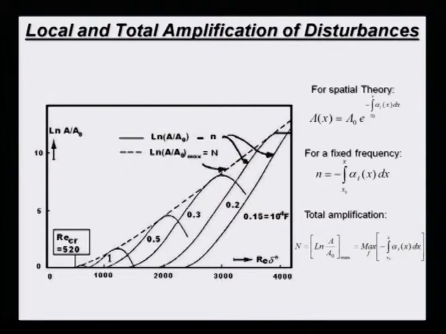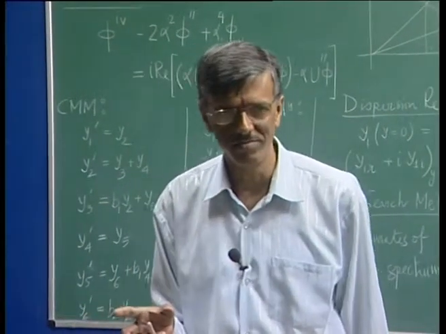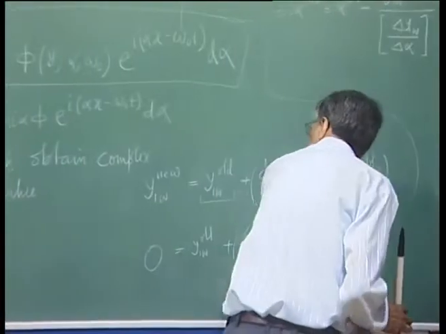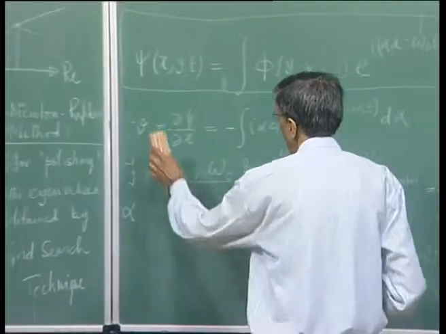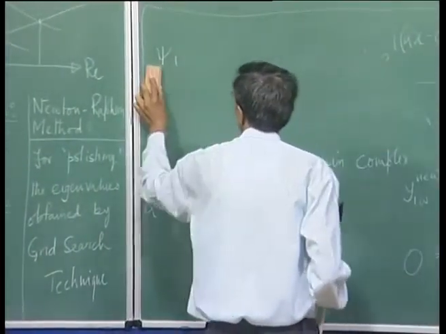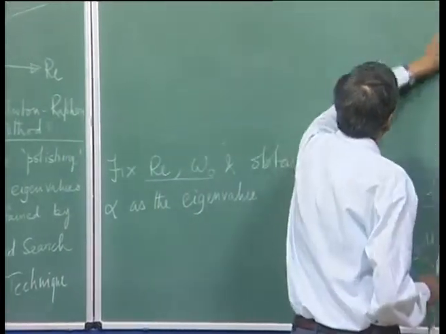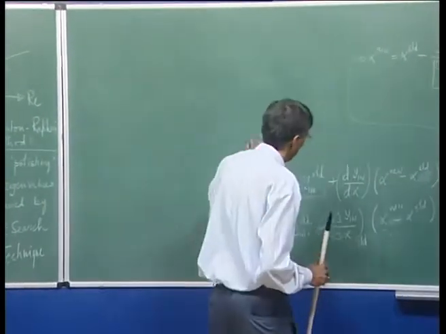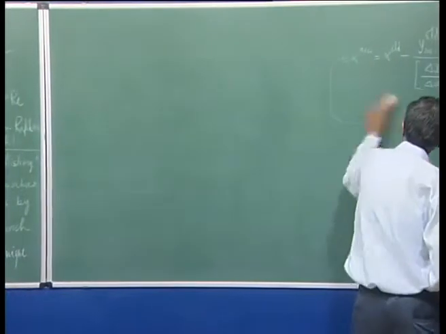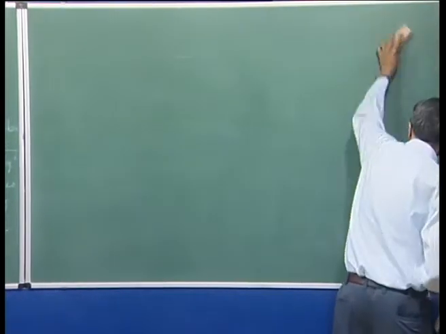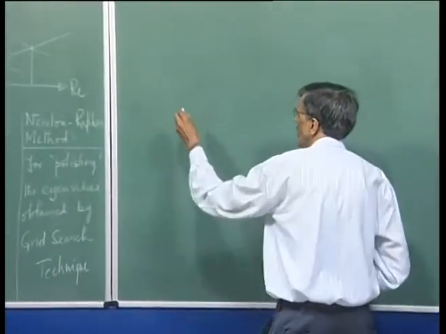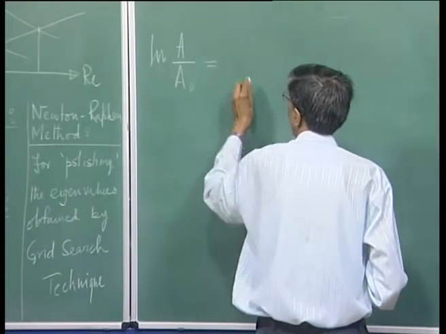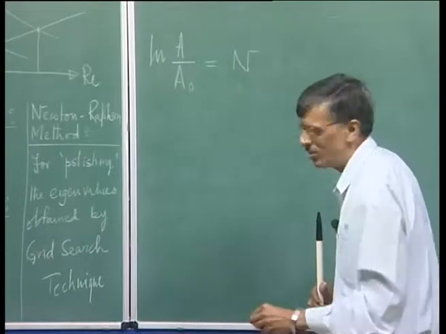See, these are all very approximate engineering ideas, and what we are talking about is ln of A by A naught. So, if we have ln of A by A naught as given by that dotted curve, which we have called capital N, so essentially what we are talking about then, okay. So, that means what?